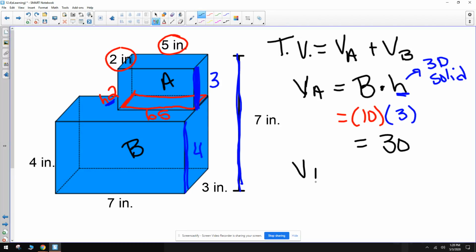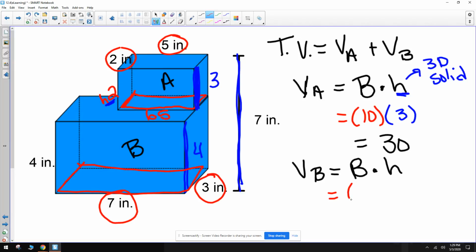Then I need to find the volume of shape B. It's still a rectangular prism, so I'm going to follow the same steps and find the area of the base. This is my base, because I always use the bottom. So 7 and 3. When I multiply those together, I get 21. Then my height, again, we're talking about the 3D solid, so the 3D solid's height is 4.